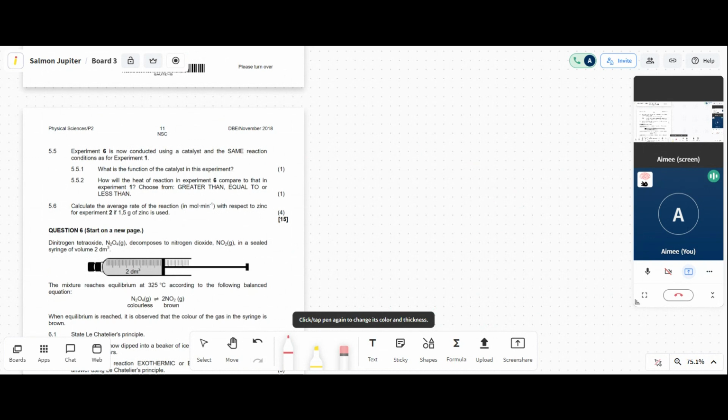And then our last question for today is: calculate the average rate of reaction in moles per minute with respect to zinc for experiment 2 if 1.5 grams of zinc is used. Okay, so you can tell reaction rate equals moles over time.